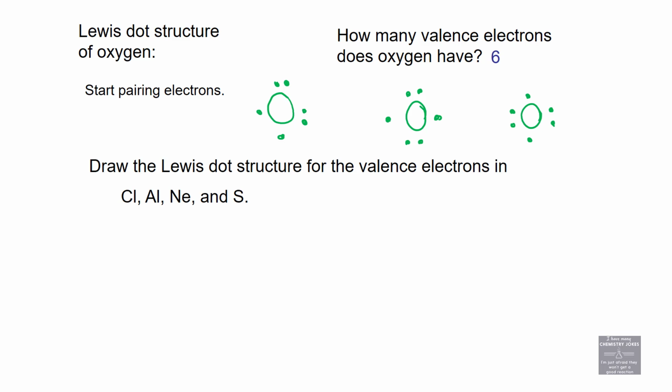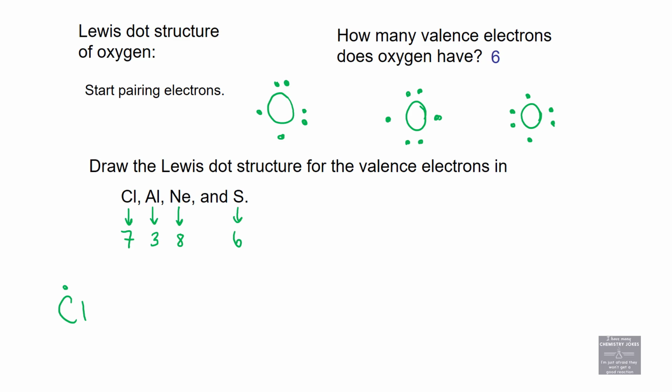If we draw a Lewis dot structure for chlorine, aluminum, neon, sulfur, chlorine has 7 valence electrons because it's in group 7. Aluminum has 3 valence electrons because it's in group 3. Neon has 8 valence electrons because it's in group 8. And sulfur has 6 valence electrons because it's in group, you guessed it, 6.